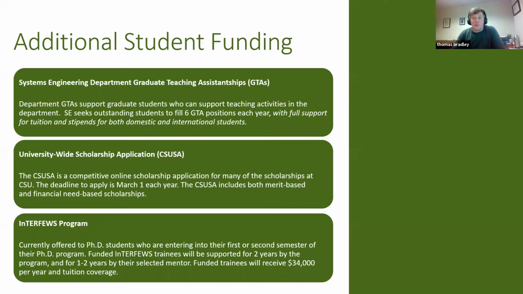We're really looking for outstanding and capable students. We have about 6 of these positions to fill every year. So there is a great opportunity for you to demonstrate your expertise in a class and then come back and TA it. That's something that students will often do in perhaps their second or third semesters of school.